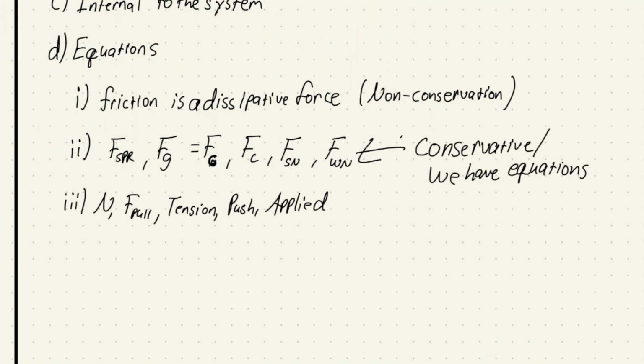We can look at our normal force and say that it's equal to the force of gravity. We can say that maybe some push force is equal to some other force that we're exerting, or we can just measure them directly with an instrument. But all of these are non-conservative, and we do not have an equation for them. Non-conservative, no equations.